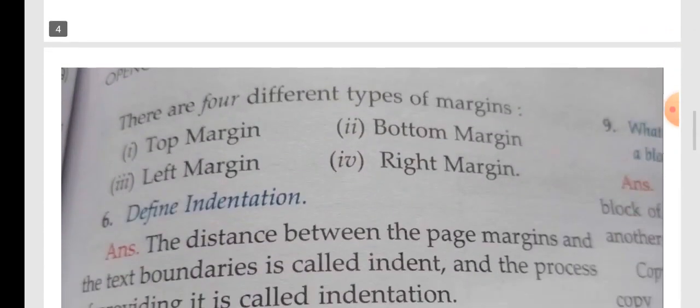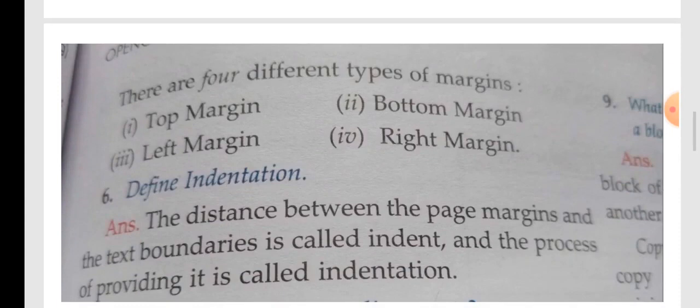And there are different types of margins. These are top, bottom, left, and right. So basically we can say there are 4 types of margins, and these are top margin, bottom margin, left margin, and right margin.